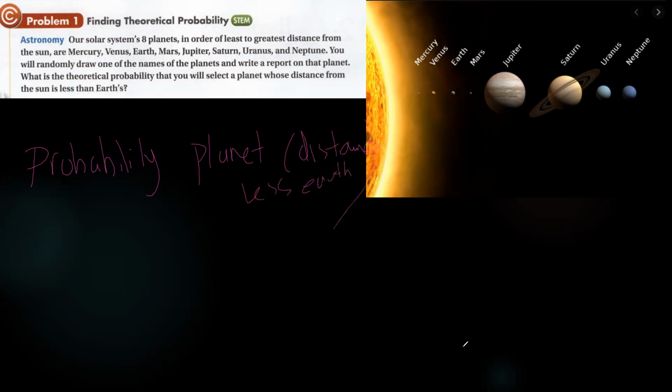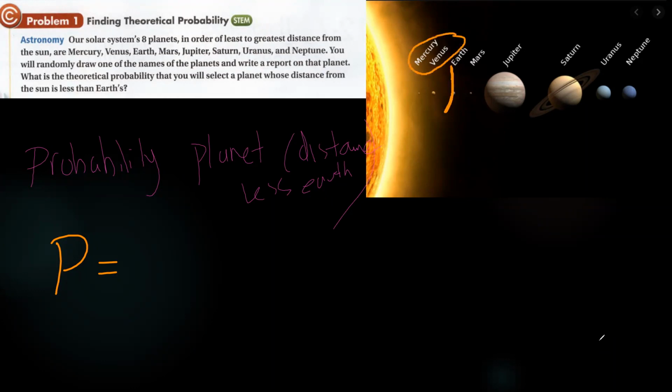So what you have to do here is to say that the probability will be, what are the planets whose distance is less than the Earth? This is the Earth. What are the planets whose distance is less than the Earth?